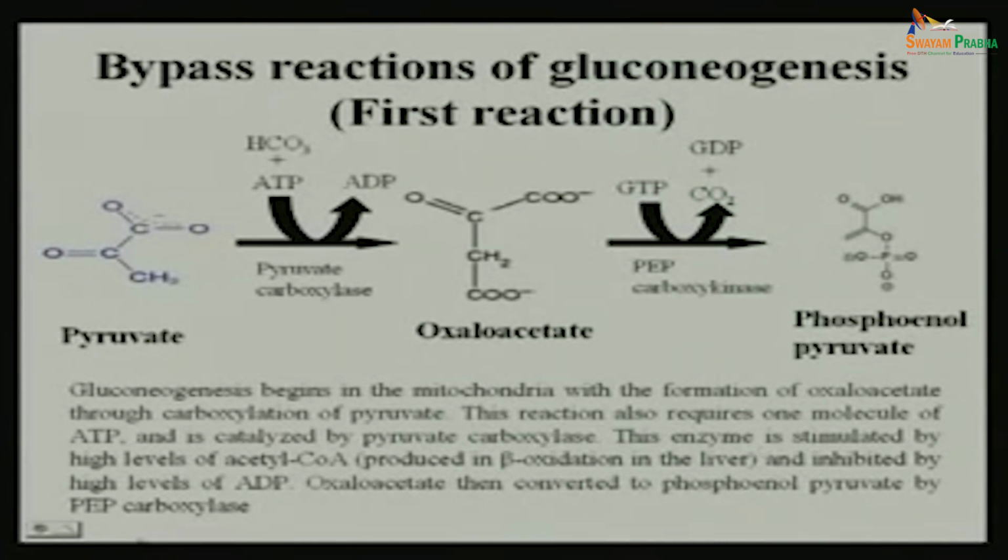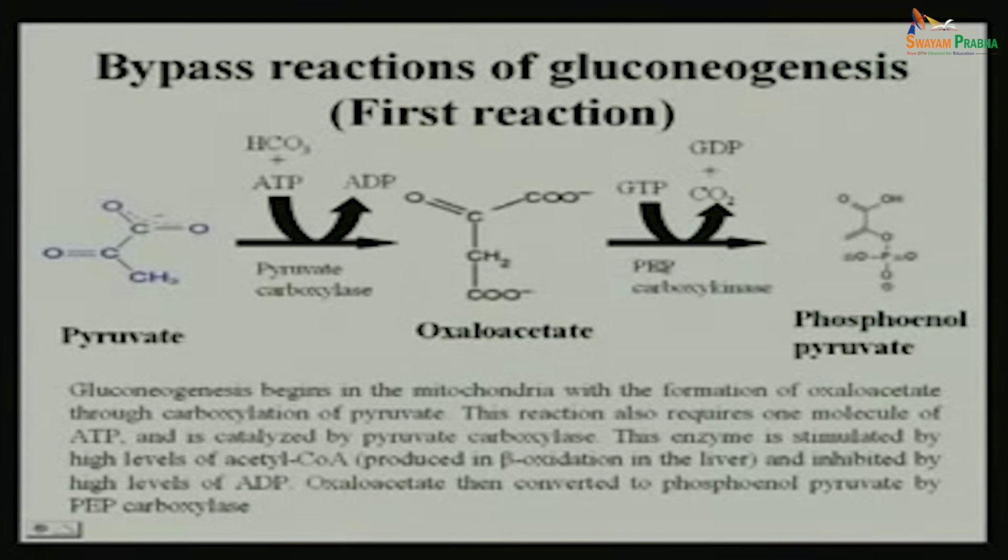This enzyme is stimulated by a high level of acetyl-CoA, which is produced in beta oxidation in the liver, and inhibited by a high level of ADP. So pyruvate is getting converted to oxaloacetate. Oxaloacetate is then acted on by the carboxykinase enzyme.